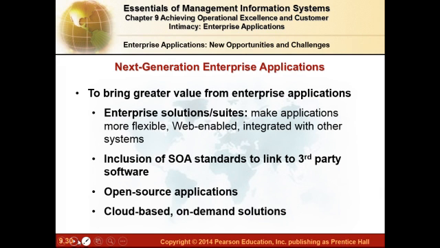To bring greater value from enterprise applications, we have the next generation enterprise application. As companies get more comfortable with supply chain management and customer relationship management systems, they realize the importance of branching out to enterprise solutions, enterprise suites or e-business suites.